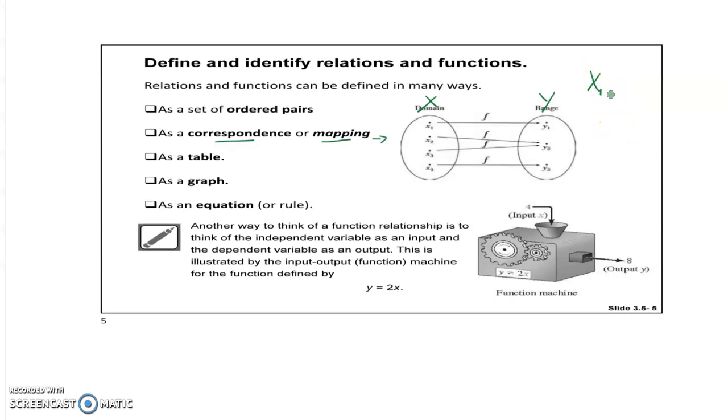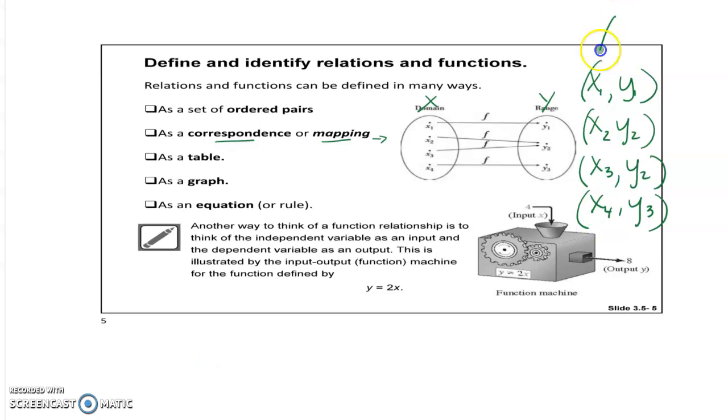So x1 is paired with y1, x2 is paired with y2, x sub 3 is paired with y2. Well, I can see y is repeating. x4 is paired with y3. We're only looking at the x values. Are any of those repeated? No, because they all have different subscripts on them. So yes, this is a function.